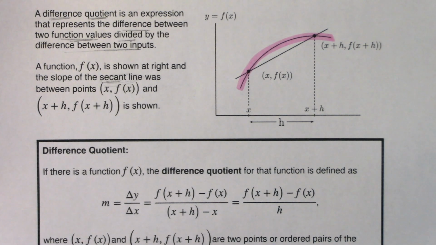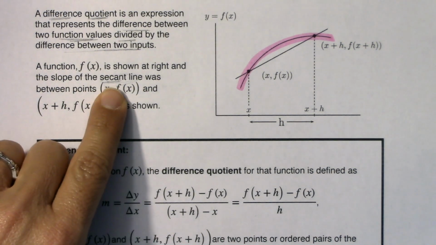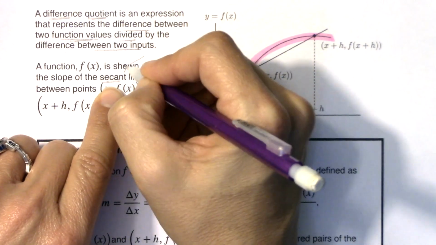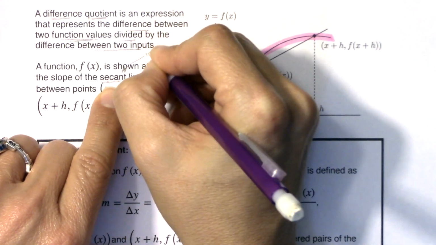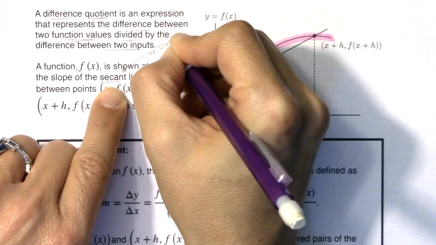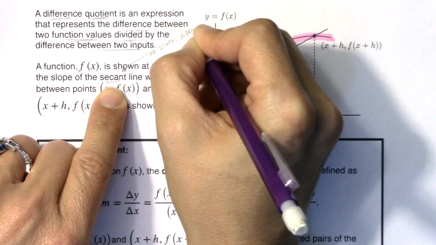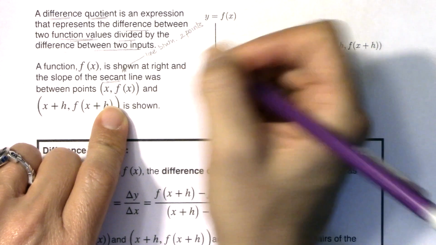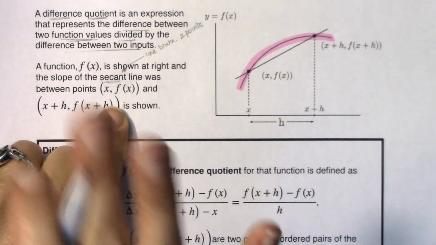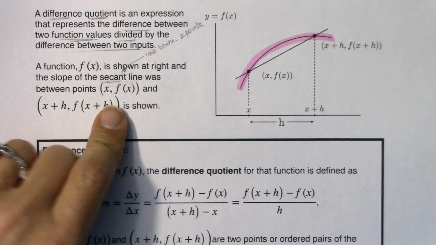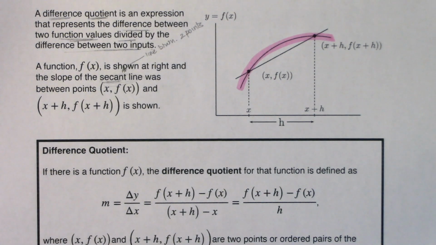Sometimes that can be conflated with the trig functions sine, cosine, tangent, secant, cosecant, and cotangent, but just know that those are separate. So a secant line is a line between two points, and a tangent line, which we'll get to in calculus, is a line at one point.